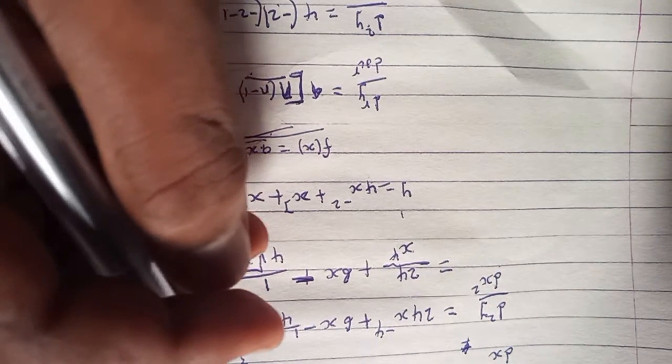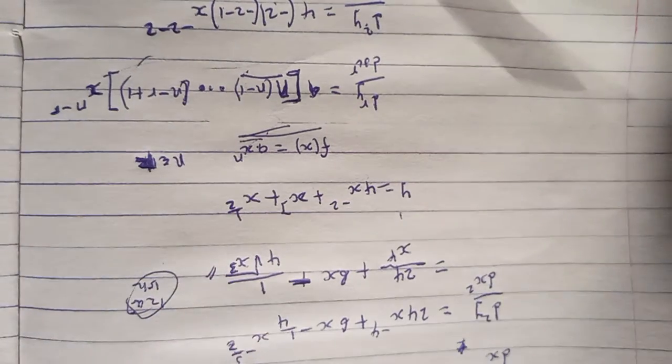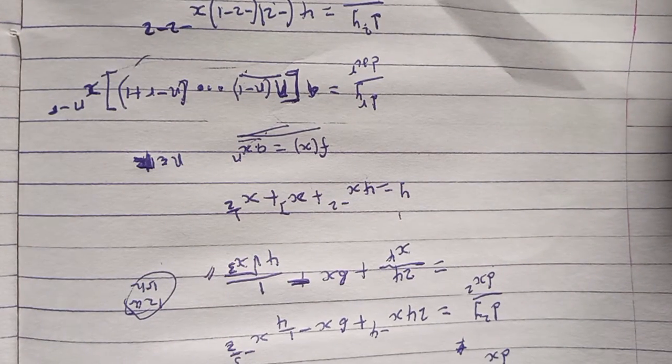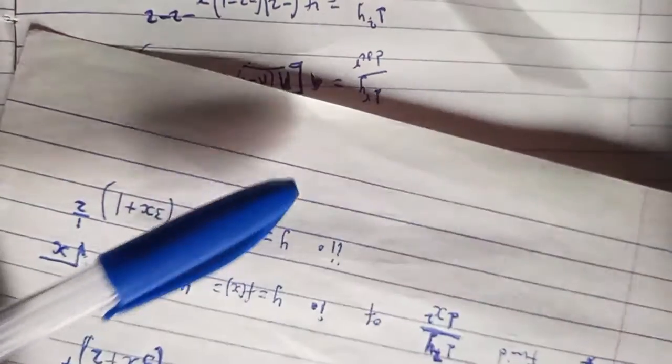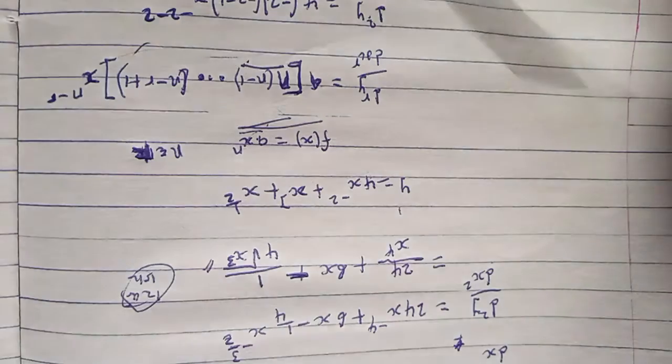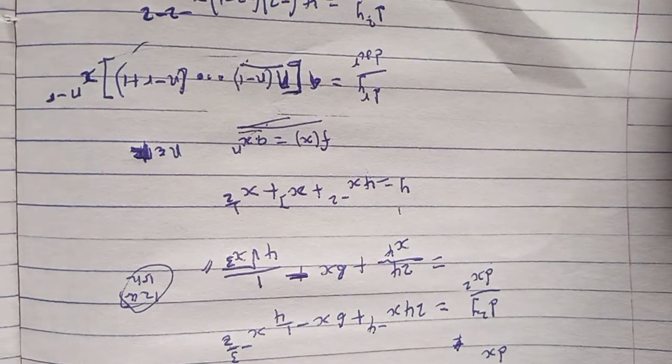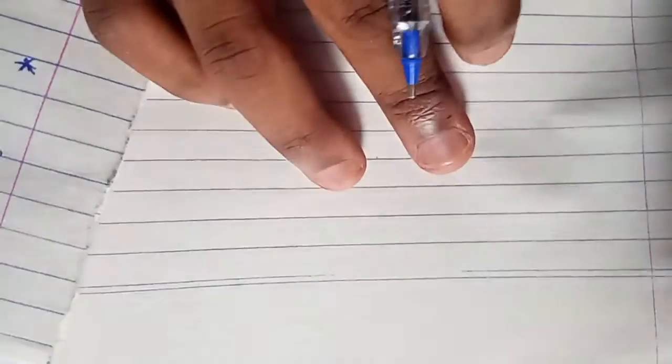So in order to prevent the video from getting to an hour, I give this one to you as an assignment, and also formulate your own shortcut based on how to solve that one. So that is it. And then in the next video, let me see your answer at the comment section, and also your formula.